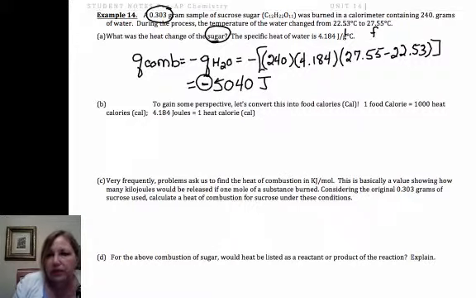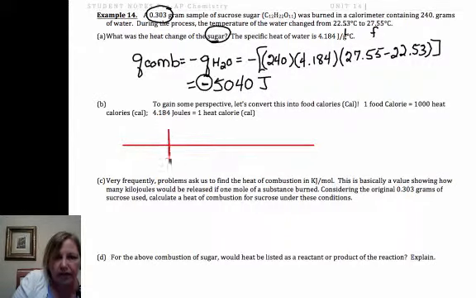Let's get some perspective in here. I like to put this type of thing into the context of, I'll say something like a Butterfinger bar. So let's convert this to food calories. I thought this would just be a curious calculation. So that's not many grams of sugar. We've got 5040 joules. 1 calorie that would be given to you for every 4.184.